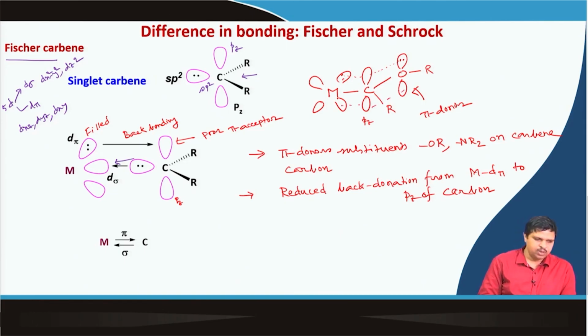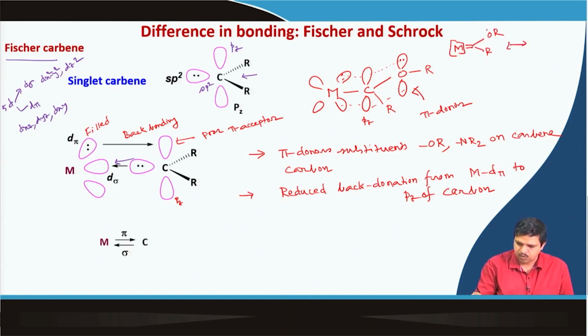If you can imagine R, O, R, here the lone pair is there, so it becomes OR plus, and here the R. So M will carry more delta minus.